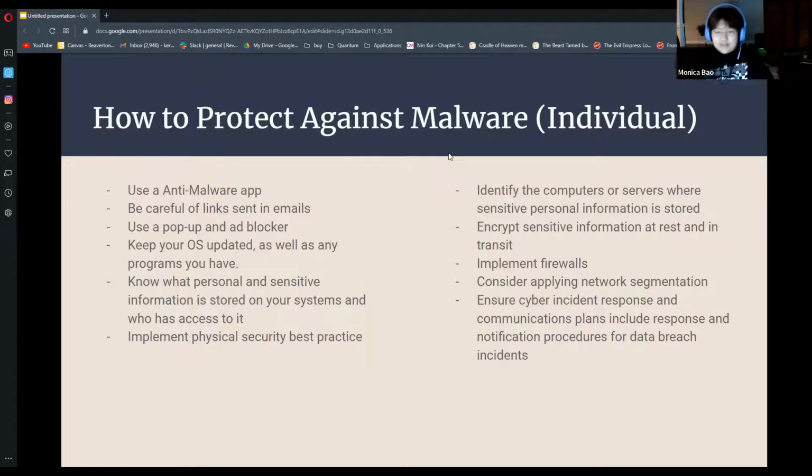So keep your operating system updated, as well as any programs that you might have, because like we said before, security is not a one and done thing. It's a constant set of actions that you must keep doing and stay up to date on, because the longer an OS or a program is out, the easier it is to find flaws with it.